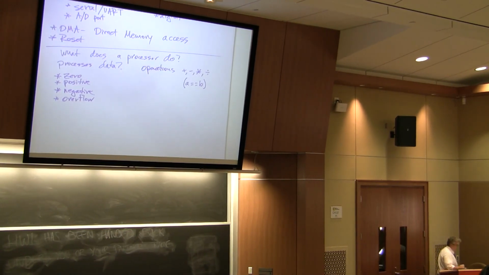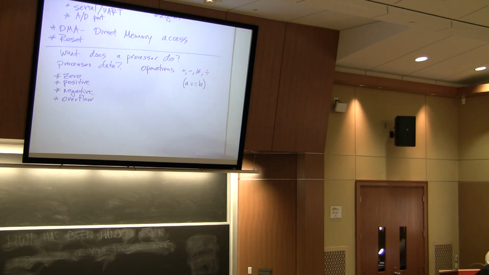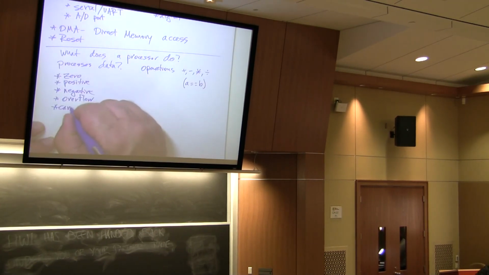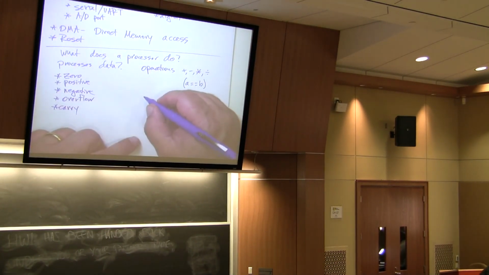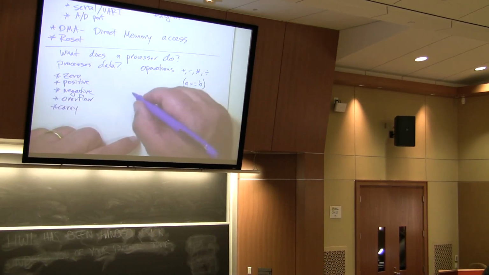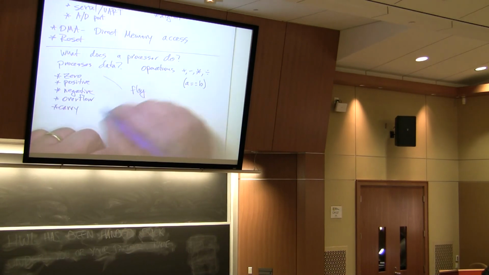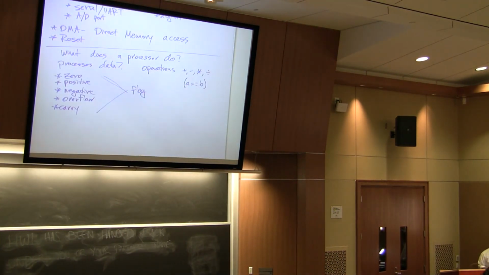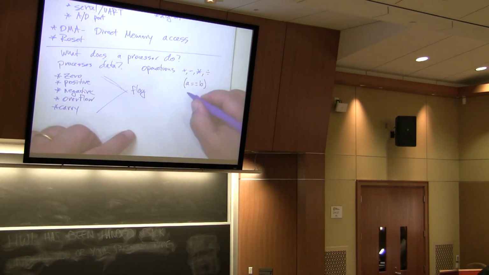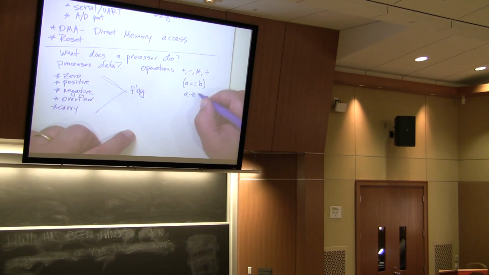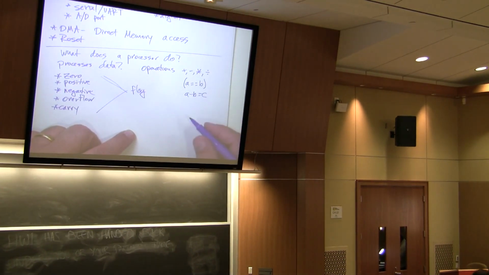And then what else do we have? How about carry? All of these are considered what major type of, or where is all of this good information stored? Flags. And again, that is a basic computer organization type of topic. A flag, for example, in this example, is A equal to B, or maybe A minus B is equal to C. What's the result of that?